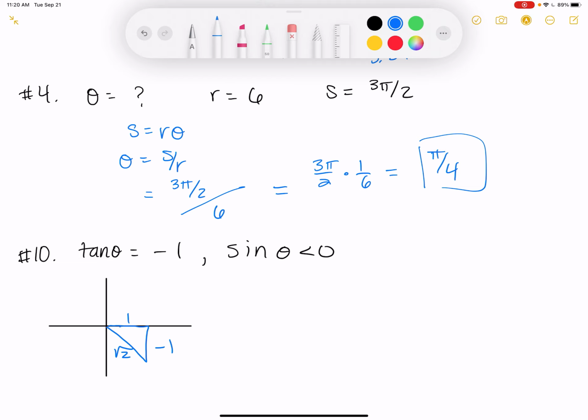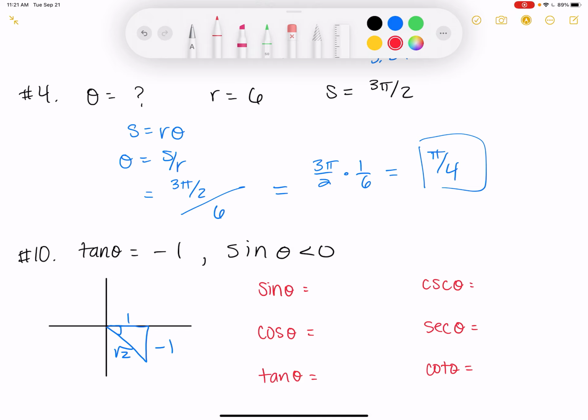So we now have it labeled, and then we just need to go through each of the values, reading them off.